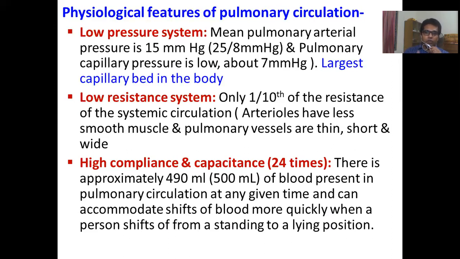But when a person suddenly changes posture from standing to lying, venous return from the periphery increases, which increases the volume of blood in the pulmonary circulation. The pulmonary circulation can accommodate this extra blood very quickly, as its compliance is high.